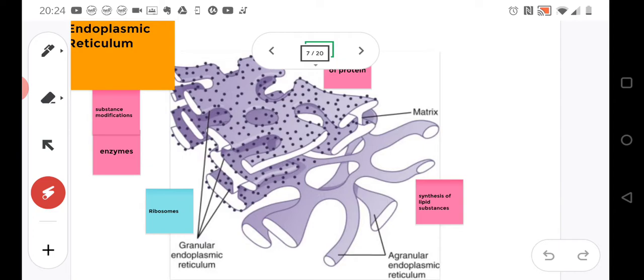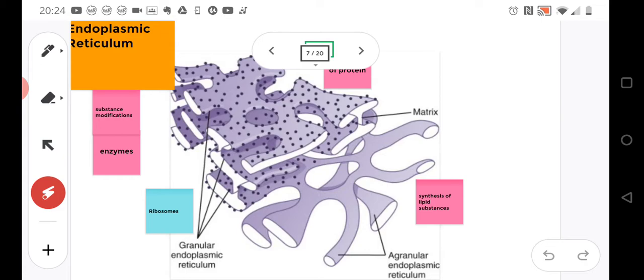Okay, but first of all, I was asking about the endoplasmic reticulum and Golgi apparatus. Generally, I see that you have an idea what it is, but just to organize, we have the rough endoplasmic reticulum and the smooth endoplasmic reticulum. Rough endoplasmic reticulum is different from the smooth by only one thing, but a very important one: in rough endoplasmic reticulum you have those black dots. What are those black dots? Those black dots are the ribosomes.